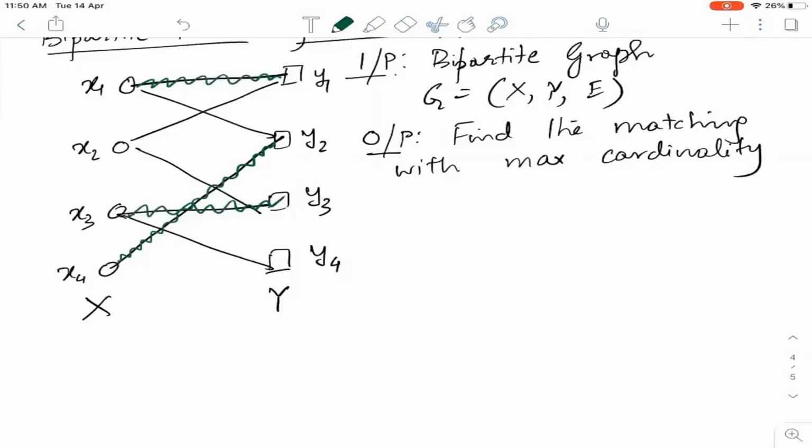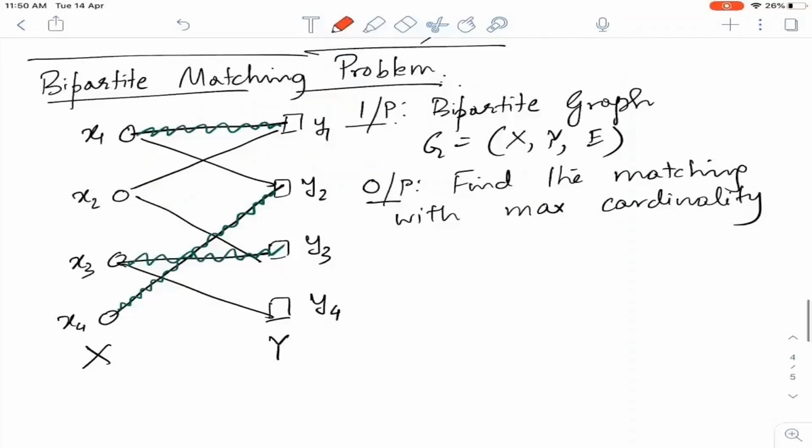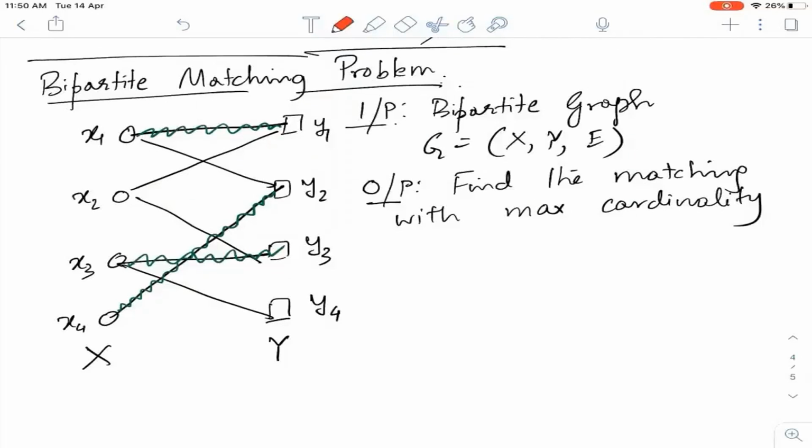Okay. Good. So let's see another larger matching, which is the following. So what I can do is I can instead take the red edge here. I can take the red edge here. And the rest two I keep the same.